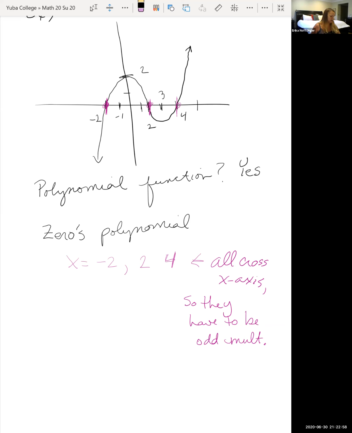We also know that your question is asking, state the least degree the polynomial can have. Well, if it's odd multiplicity and we want the least degree, then let's say each has multiplicity 1.